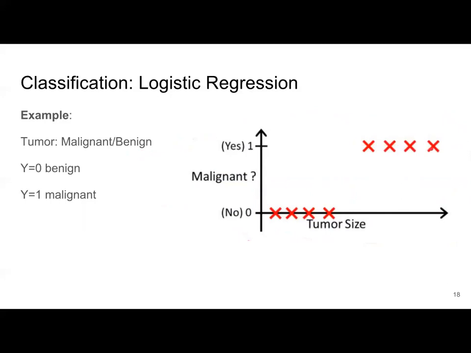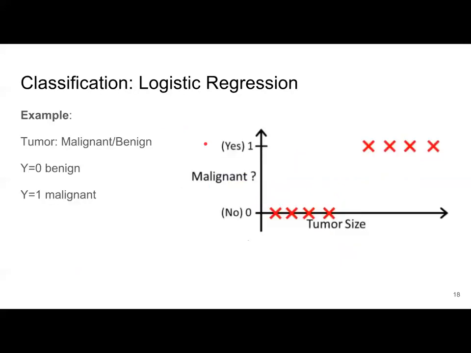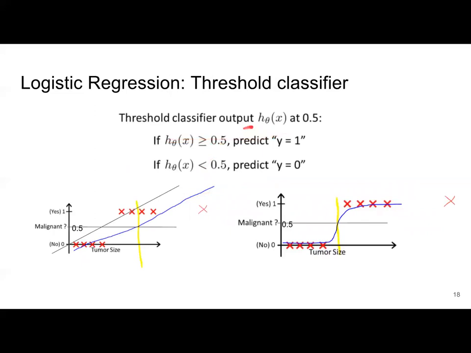If it's big, it's probably not good. Right? So then we define a threshold. If the output is bigger than 0.5, it's bad. If smaller, it's good.